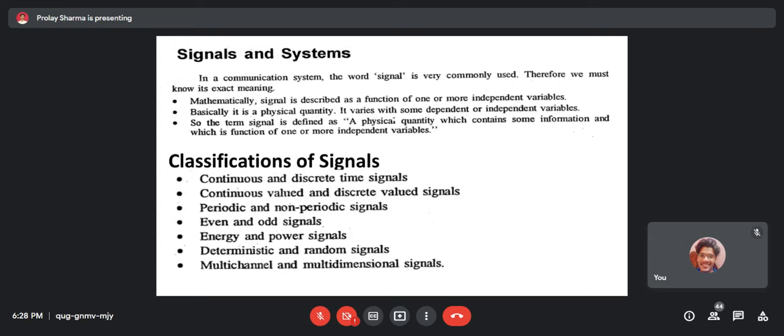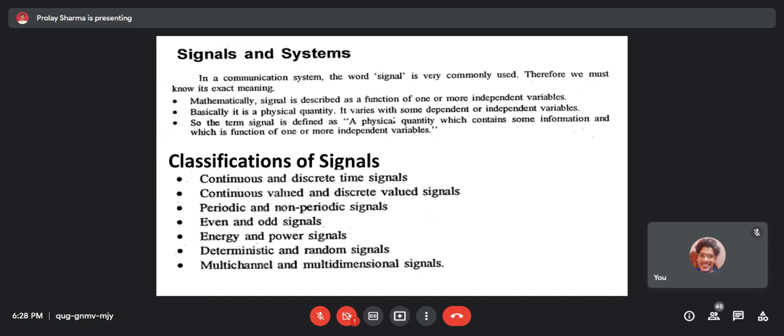Now we have to concentrate on signal. We have already defined what a signal is. A signal basically conveys some information. It describes some mathematical equation involving independent and dependent variables.